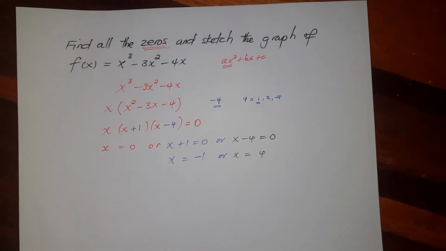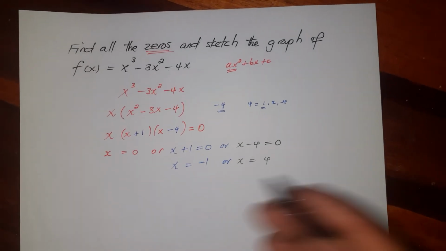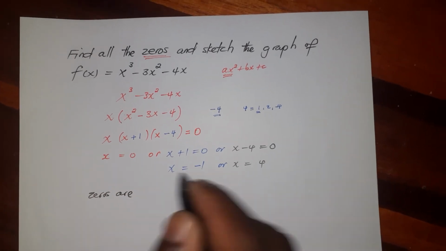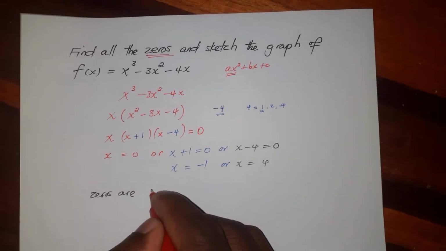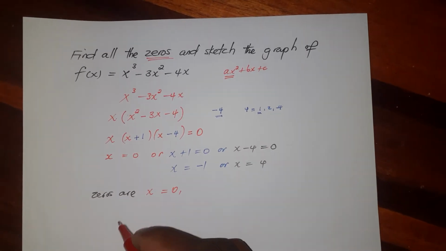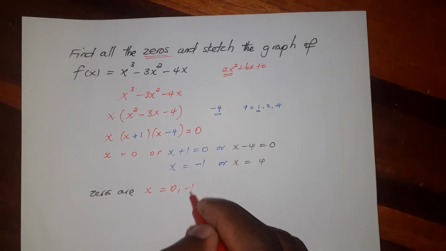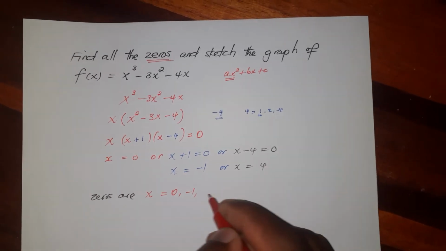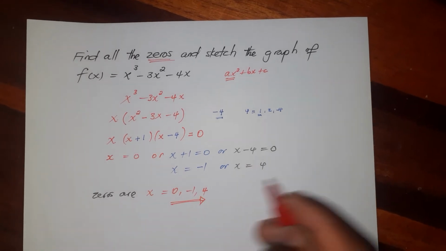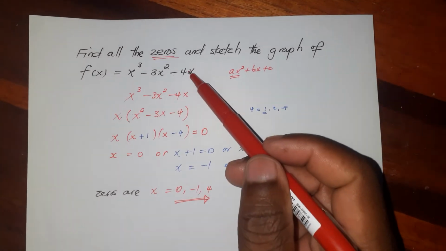So the solutions here, or the zeros, are x equals 0, that is the first one, and then -1, and then +4. So these are the zeros of our polynomial.